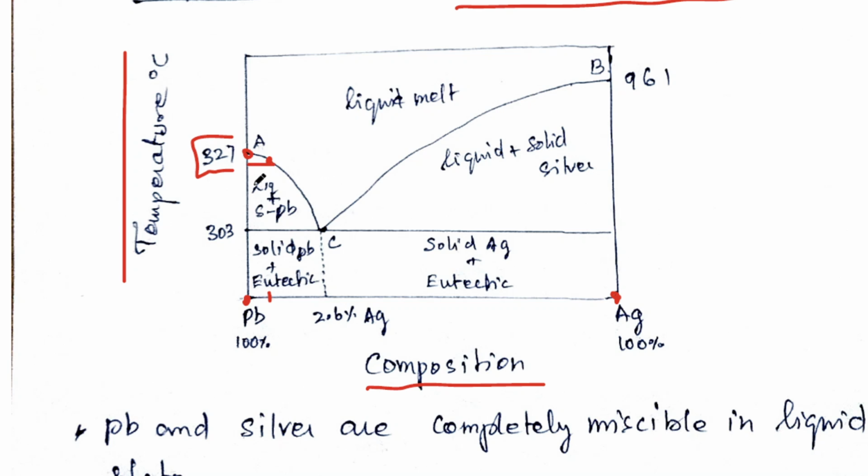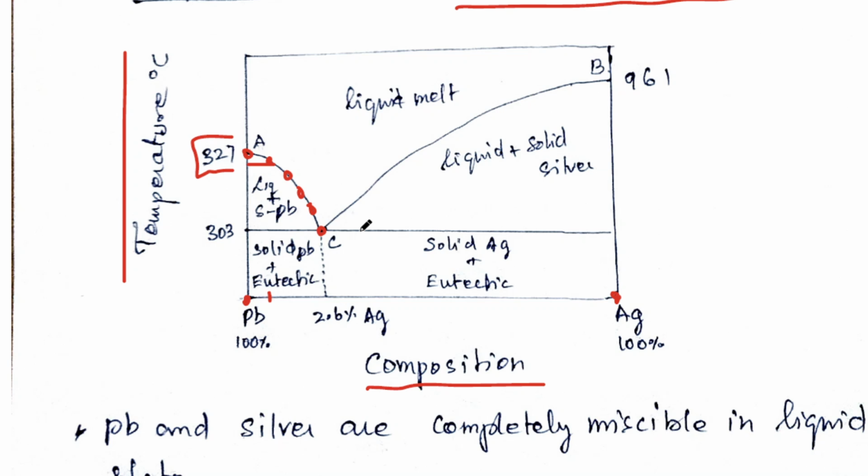And this happens. If you add more silver, the melting point is lowered further, until point C. Until point C, this trend follows.